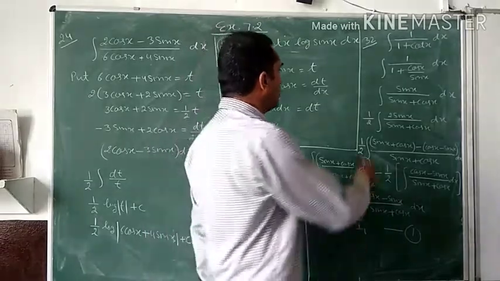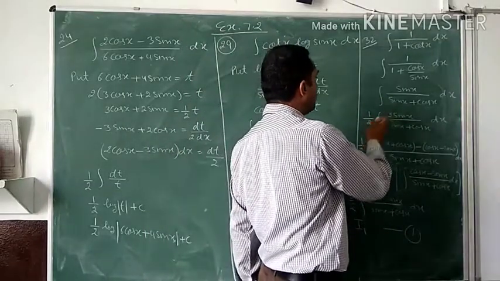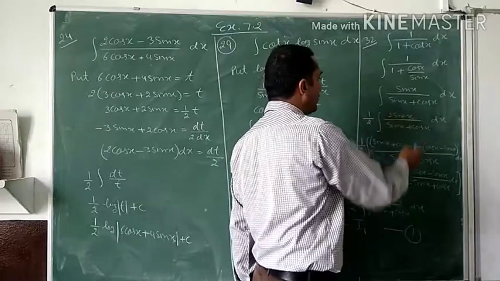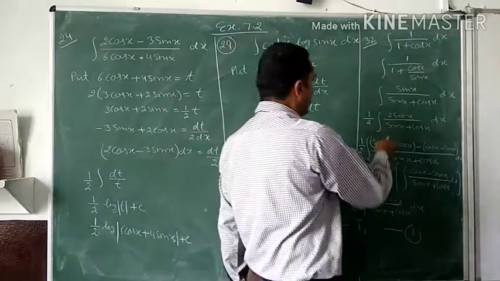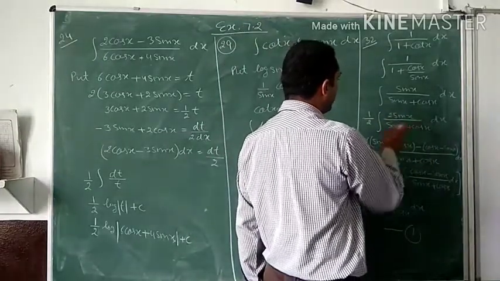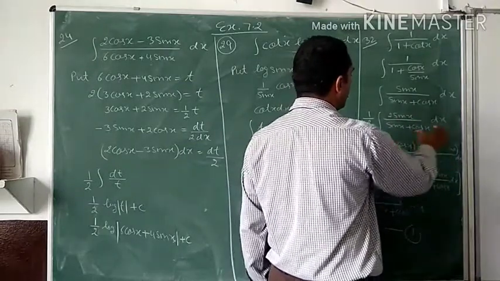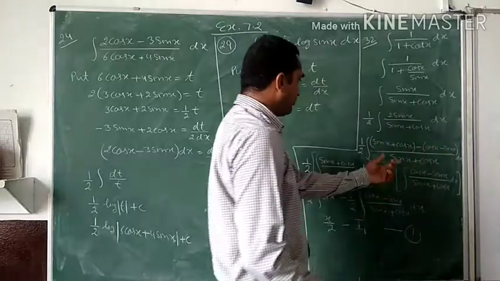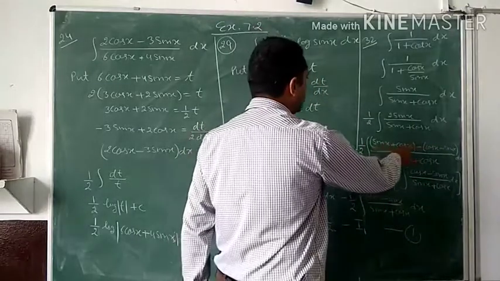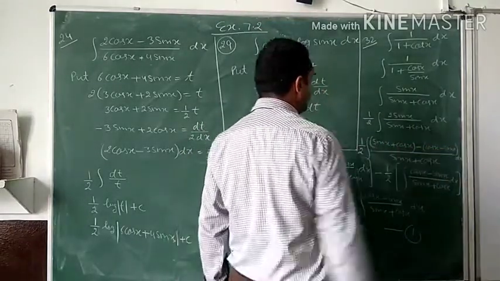So what we can do, dividing and multiplying by 2 here, 1 by 2 into 2 sin x. Now take it as sin x plus sin x, and rearrange it, and you will get sin x plus cos x minus cos x plus sin x.